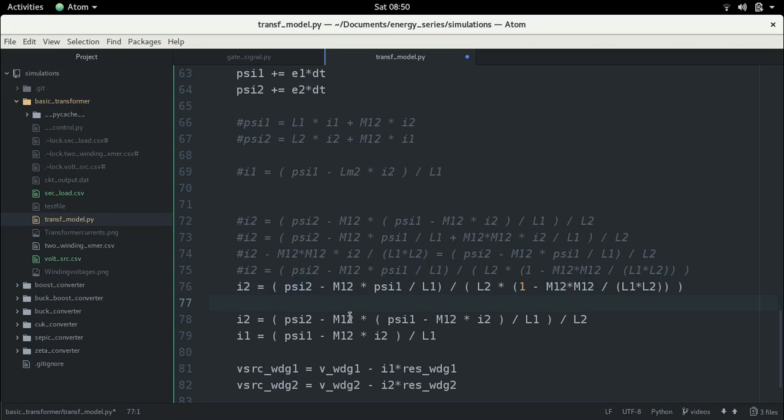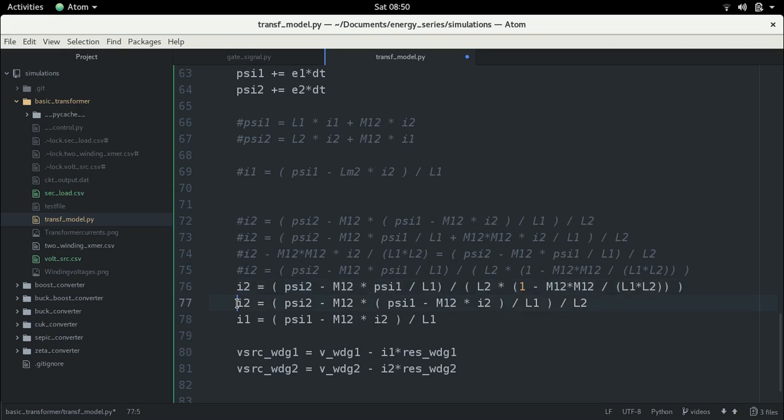So with this, I would comment out this. This can stay as it is because there is nothing here. All I have to do is substitute the value of I2 here and calculate I1. So this can stay as it is. But I'm going to use this new equation of I2 to calculate the winding current I2.